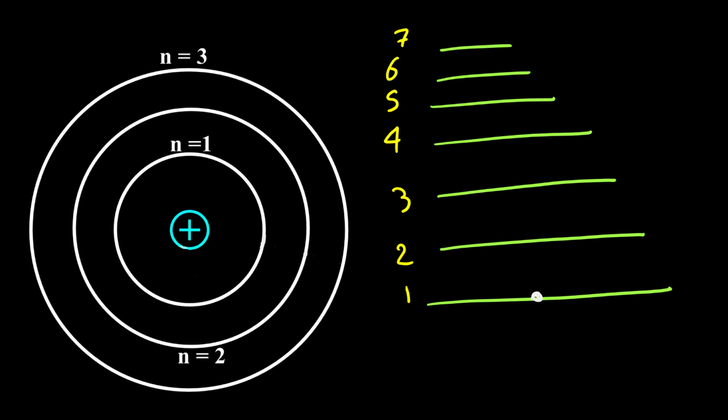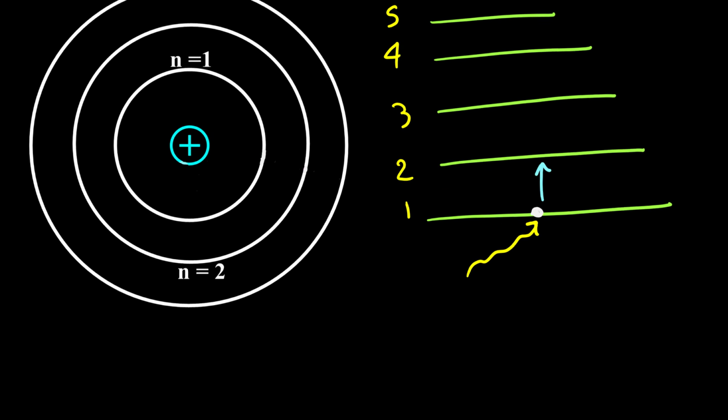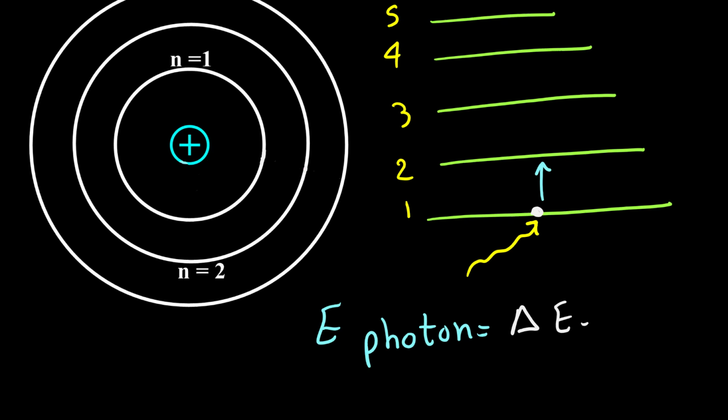An electron in one level can absorb a photon of light and move to a higher level. It can only happen if the energy of the photon is exactly equal to the difference between the final and initial states. So E of photon should equal delta E, which is the energy of the final state minus the energy of the initial state.